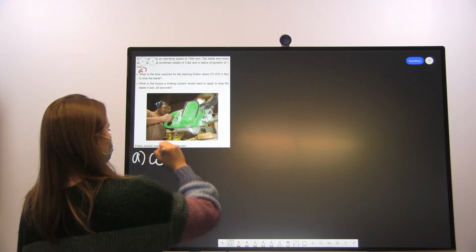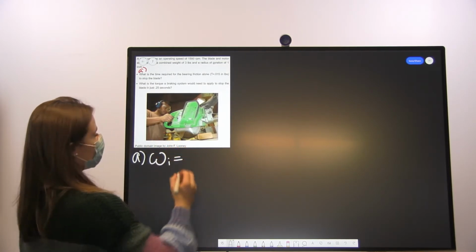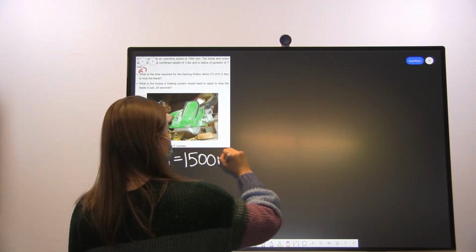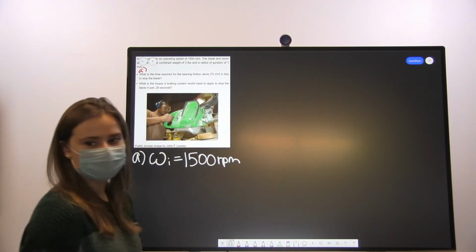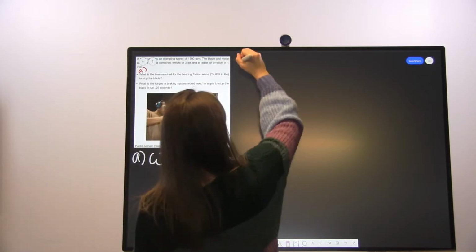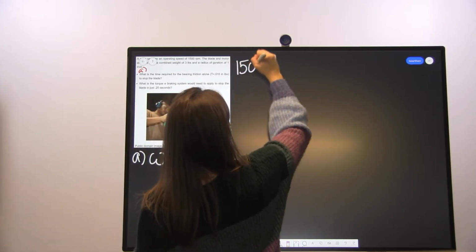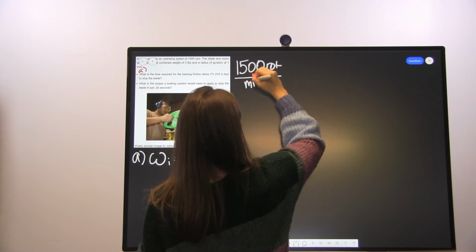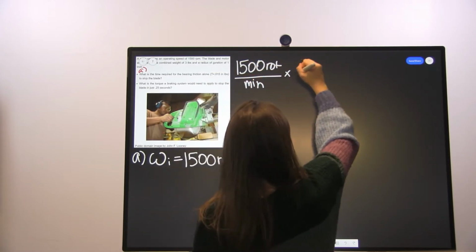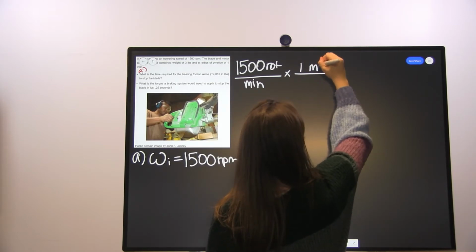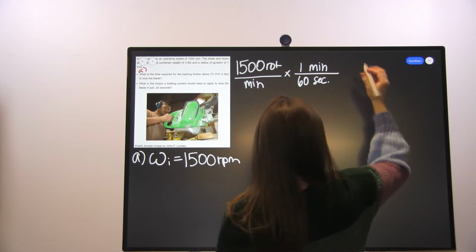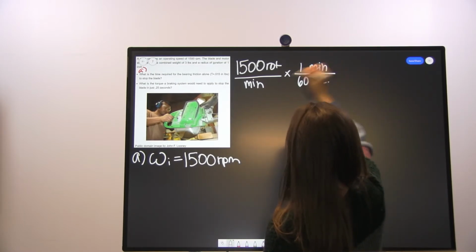So we know we have this initial angular velocity of 1,500 rotations per minute. But we want that in radians per second, so we're going to convert that. So 1,500 rotations per minute, and we're going to multiply that by 1 minute over 60 seconds, because that'll get rid of the minutes.